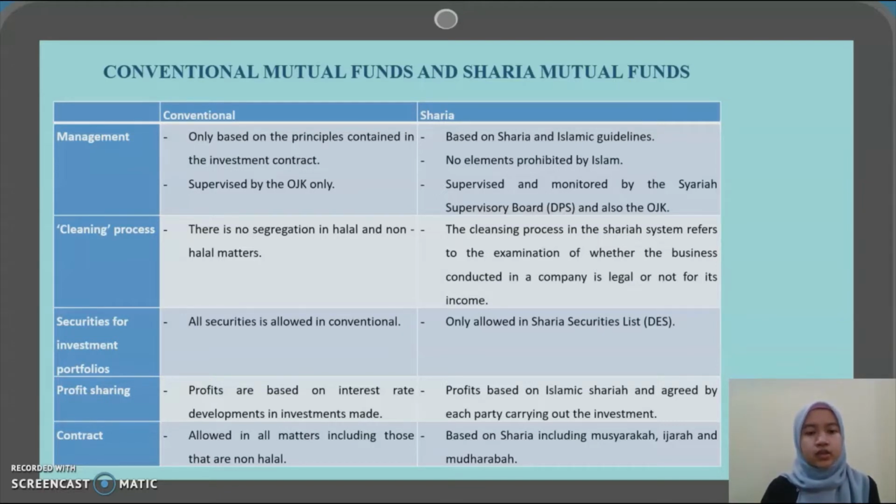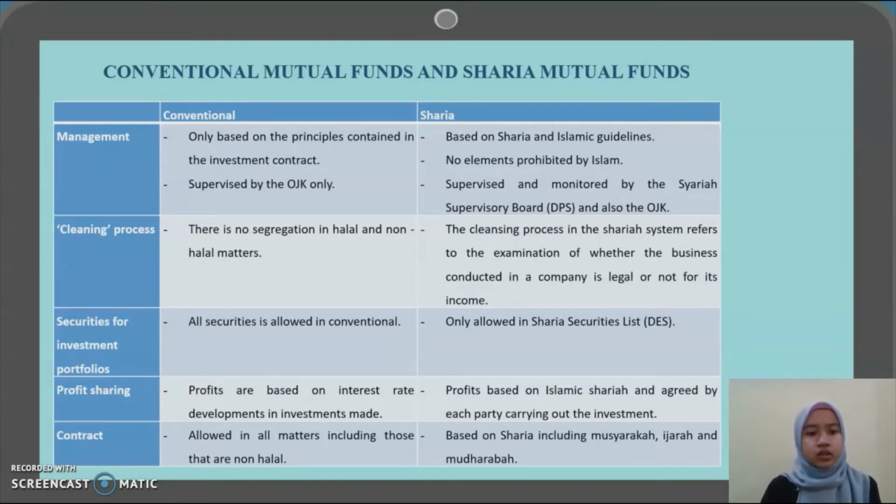Second, cleaning process. For conventional mutual funds, there is no segregation in halal and non-halal matters. It means that there is no separation between halal and non-halal. Meanwhile, for Sharia, the cleaning process is known as the cleansing process, which in the Sharia system refers to the examination of whether the business conducted in a company is legal or not for its income.